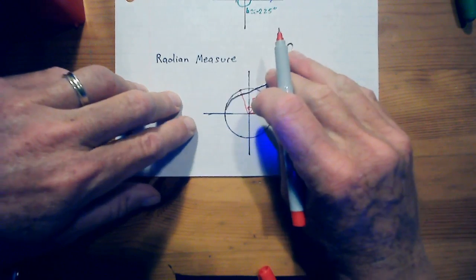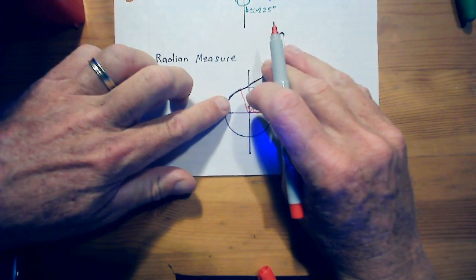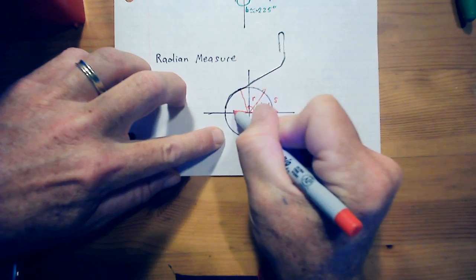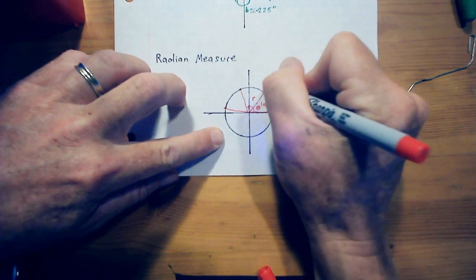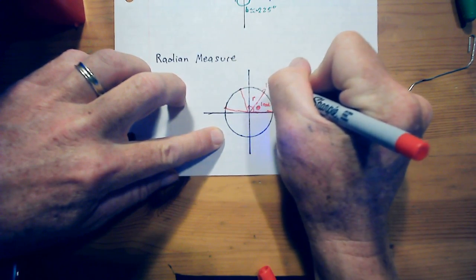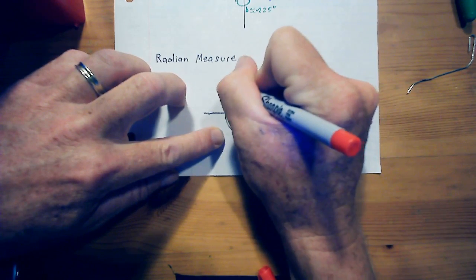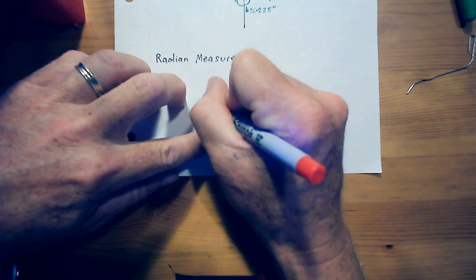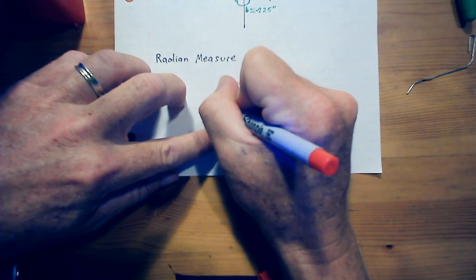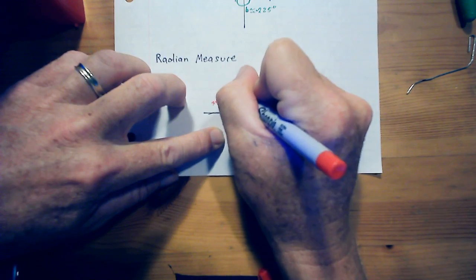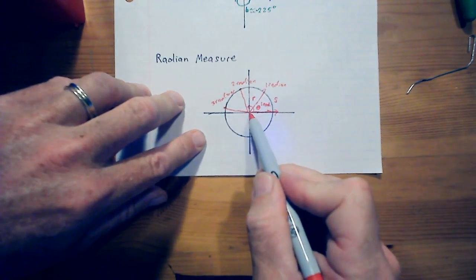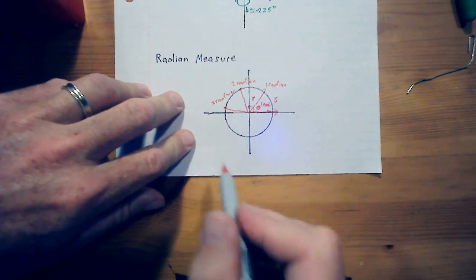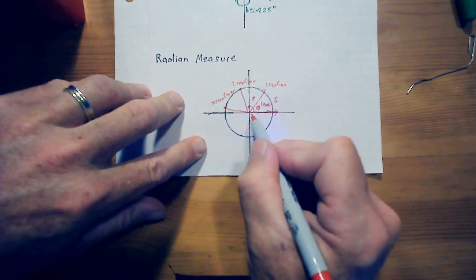If I did it again to here, so here's 1 radian, 2 radians, and right here 3 radians. It doesn't go quite all the way across. I've got a little bit more to get to this exactly straight line.